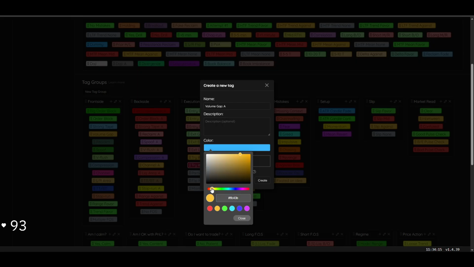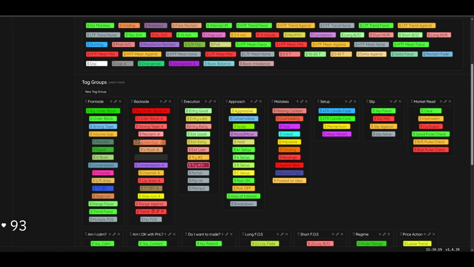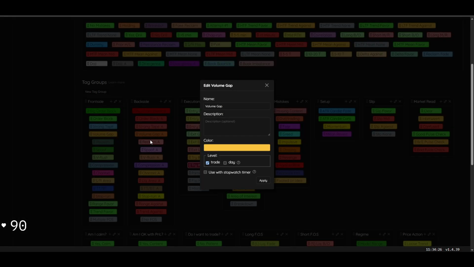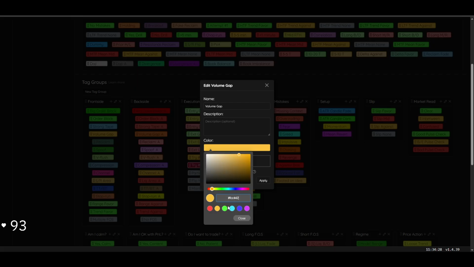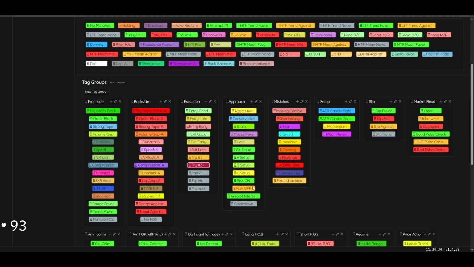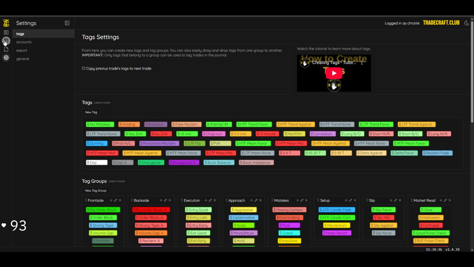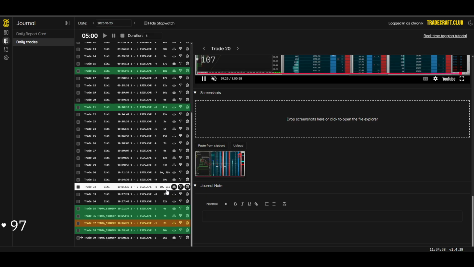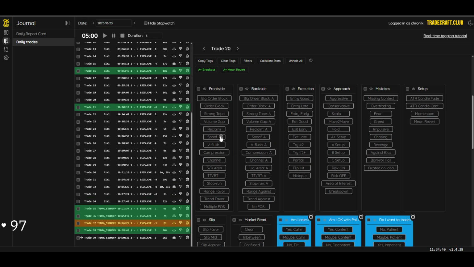Gap against. Let's tag that as such. I had a volume gap in my favor.